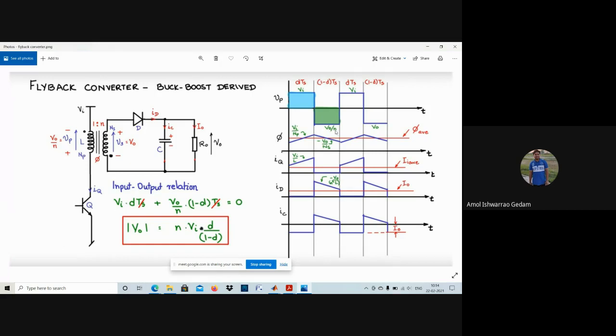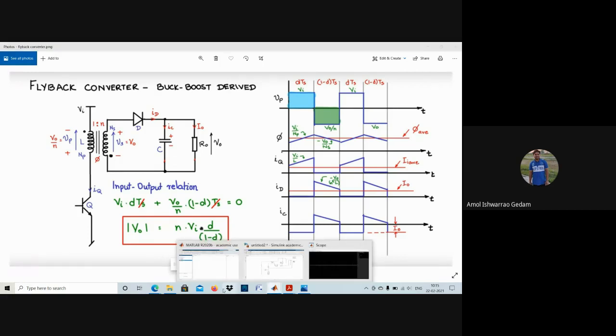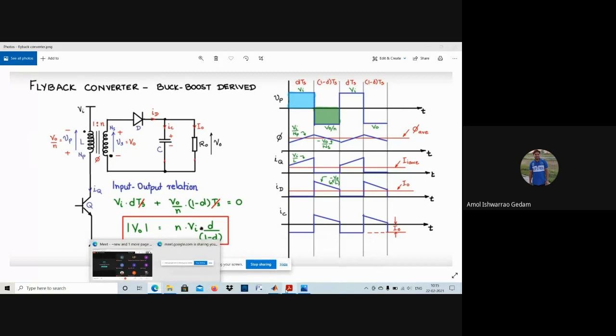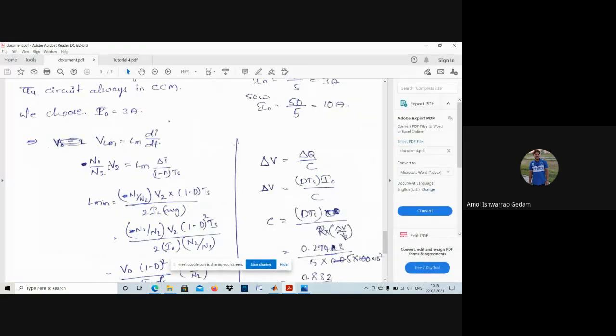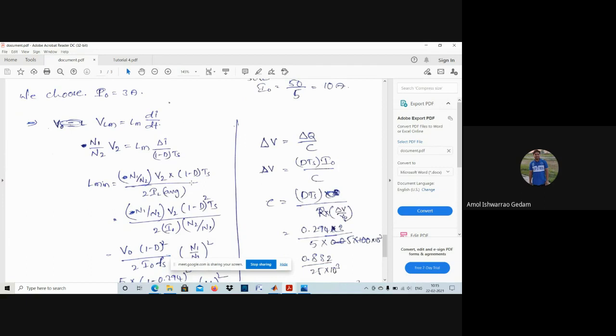So N means N2, and primary side turns I have taken 1, so it is N2 by N1. But if you transform the output side voltage into primary side, then it will be 1 by N. So it will be N1 by N2 into V2 is equal to Lm delta I by 1 minus D Ts.